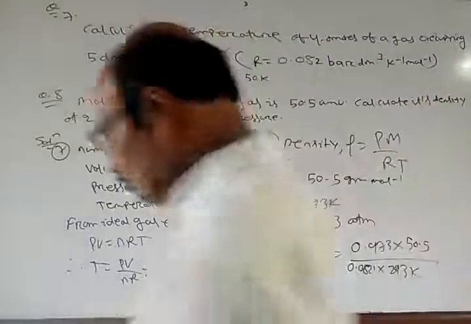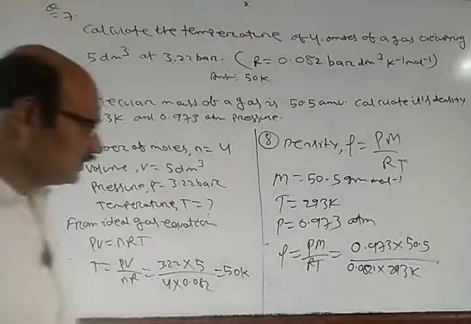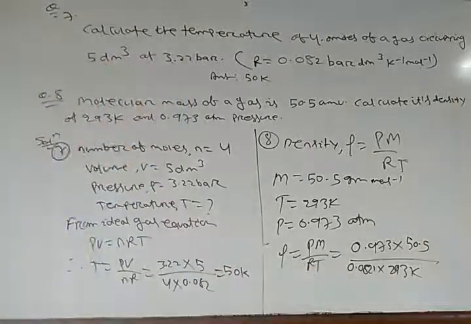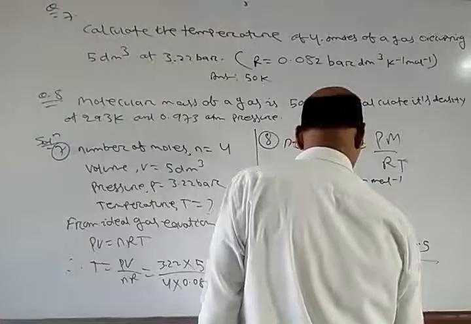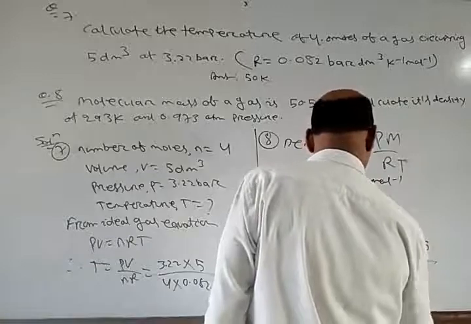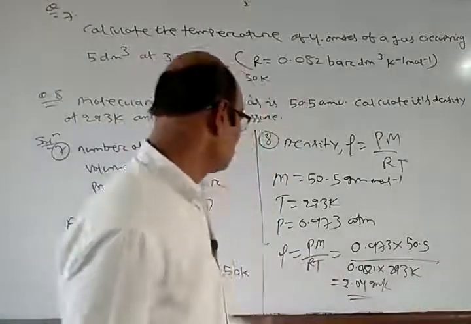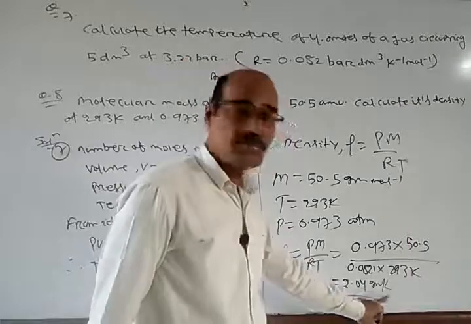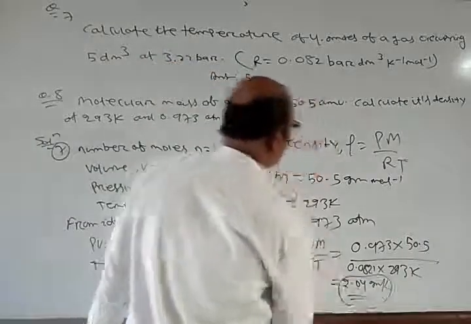So the density rho equal to PM by RT, 0.973 into 50.5 by 0.0821 into 293, and we will get 2.04 gram per liter. So 2.04 gram per liter will be the answer if you calculate this. So density in gram per liter.